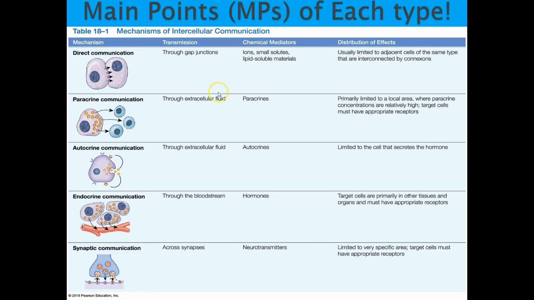So make note that when it comes to direct communication, we're using gap junctions, and then really know the examples of epithelial tissues. And it's also found interestingly in the heart. In fact, the heart is to me the most obvious form of this being direct communication, using those intercalated discs. And we're going to learn about this when we get to the cardiovascular system, but that'll be unit 2. So we're going to come back to this, but understand direct communication is using gap junctions to basically allow exchange.